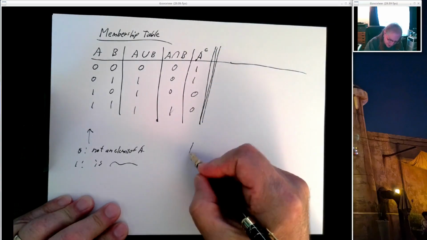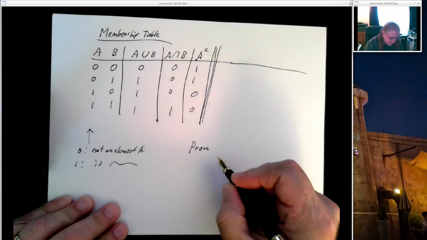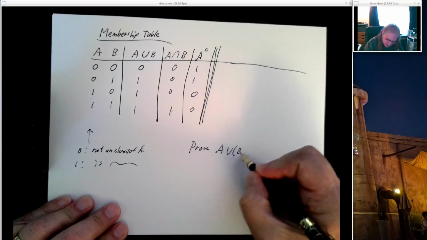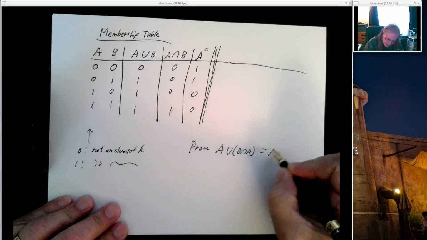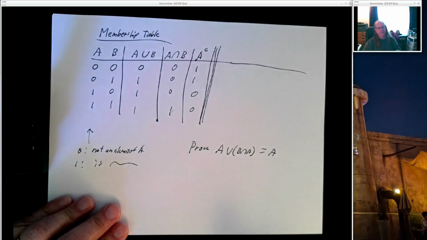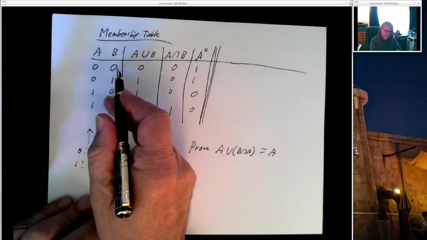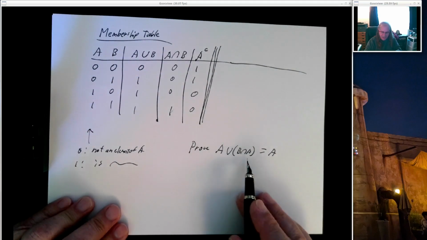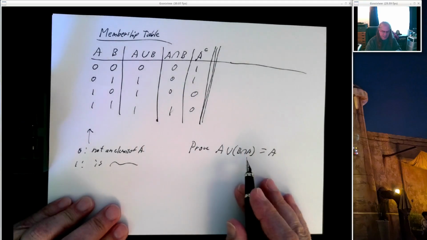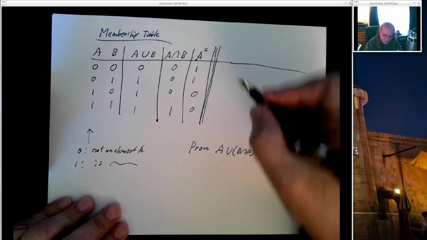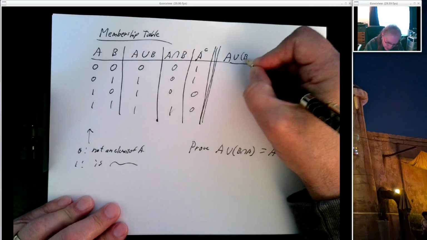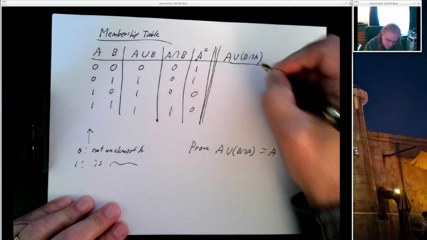For example, let's prove the following identity. Let's prove that A union (B intersect A) is the same thing as A. Well, I've got all combinations of A and B, and I know what A intersect B is the same as B intersect A. And so let's just go ahead and say what's A union (B intersect A).